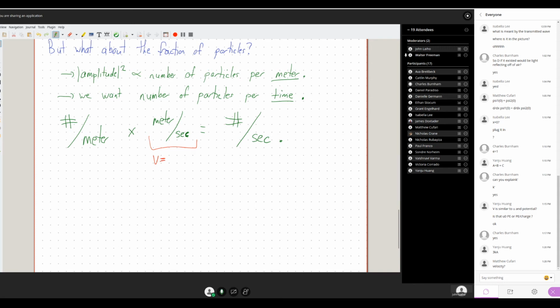So how do we get that in terms of our other stuff? Well, velocity is momentum divided by mass, right? And momentum is just h bar times k. So we know all of those things.